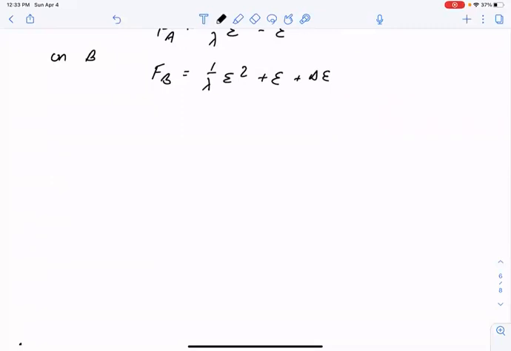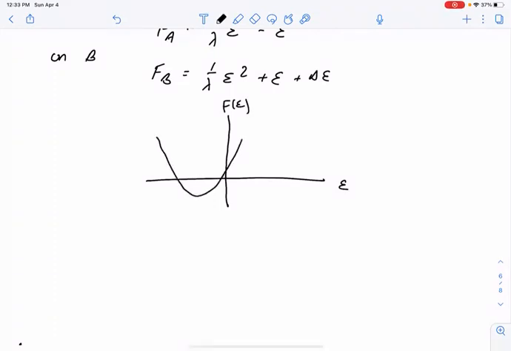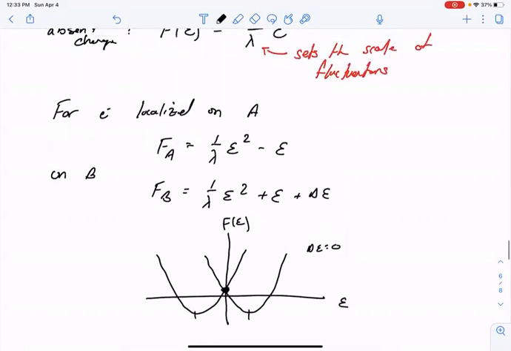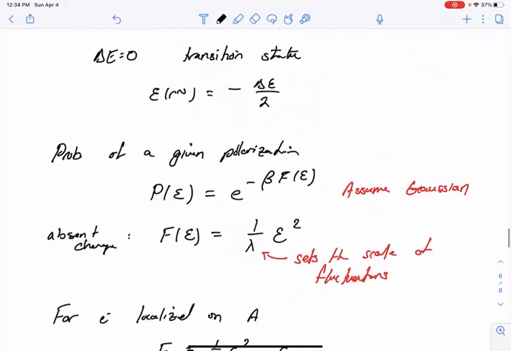So if we were to plot these, we have some Gaussian distribution, another Gaussian distribution, say for delta E equal to 0. If delta E is equal to 0, the transition state lies just at 0.